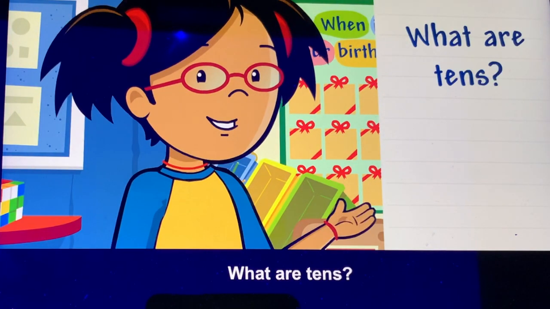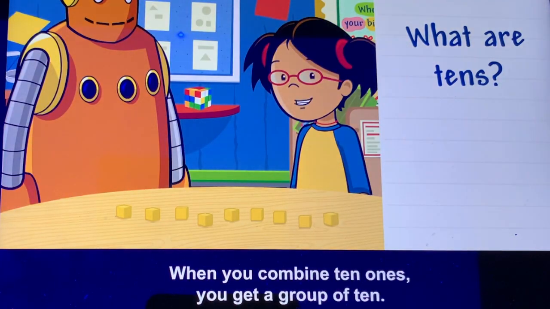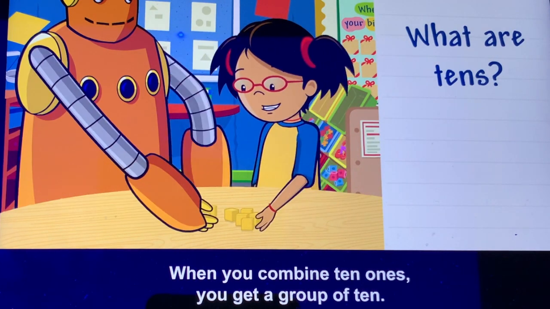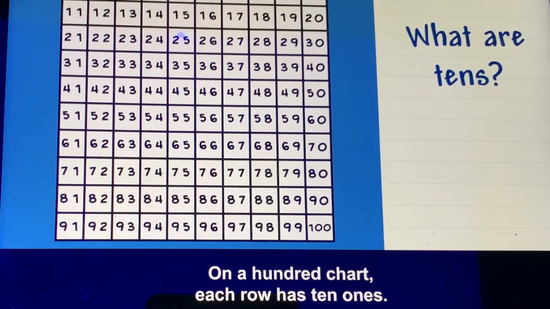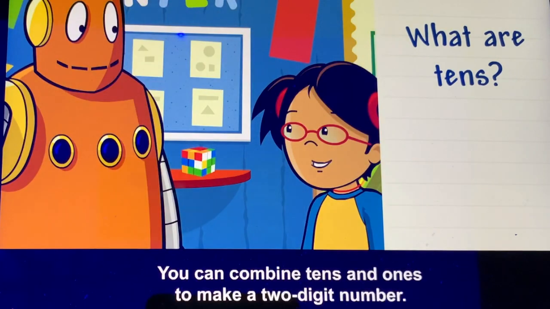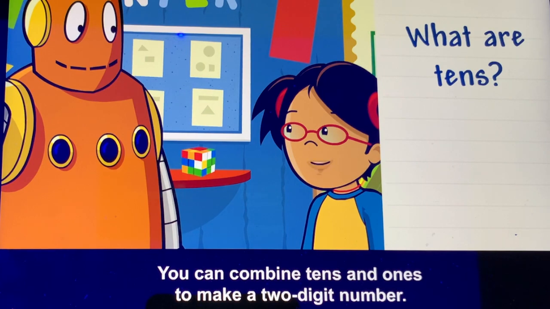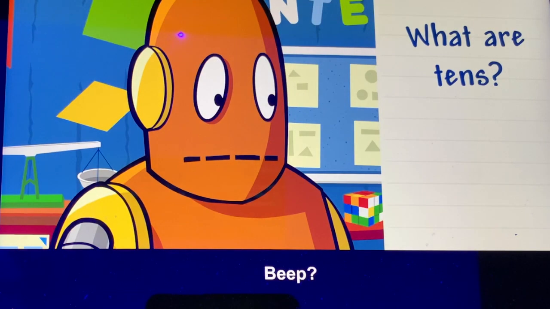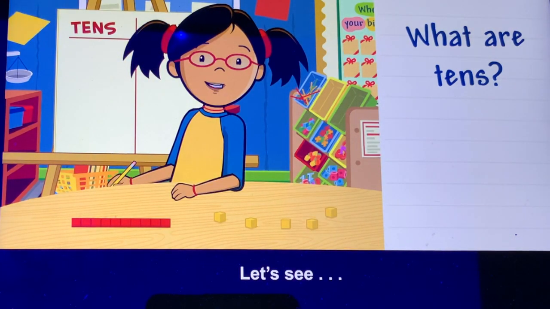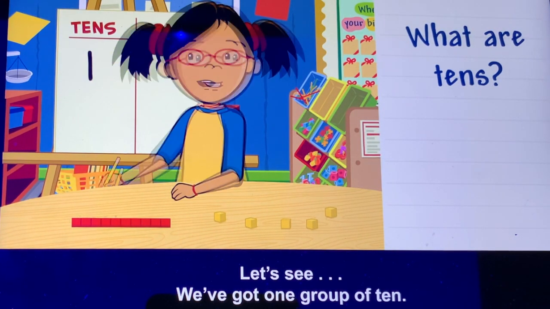What are tens? When you combine 10 ones, you get a group of 10. On a 100 chart, each row has 10 ones. You can combine tens and ones to make a 2-digit number. Let's see. We've got 1 group of 10.